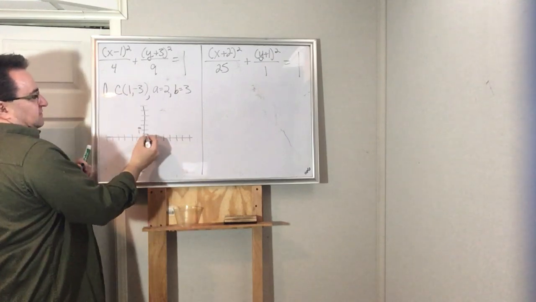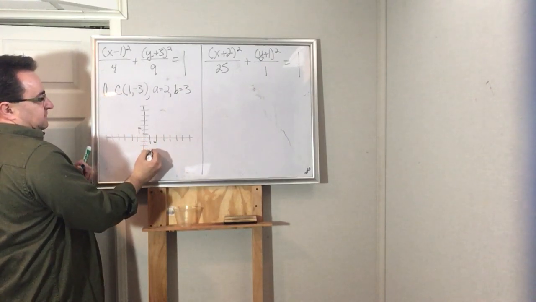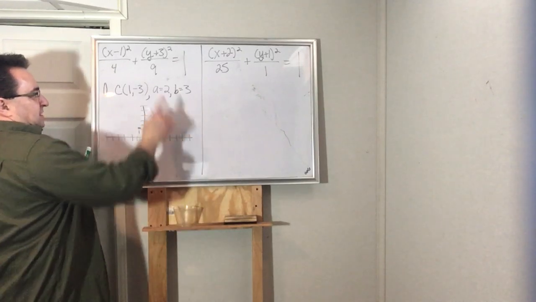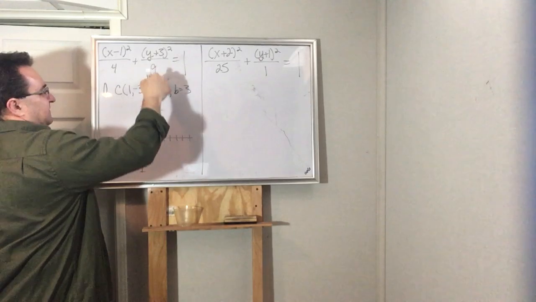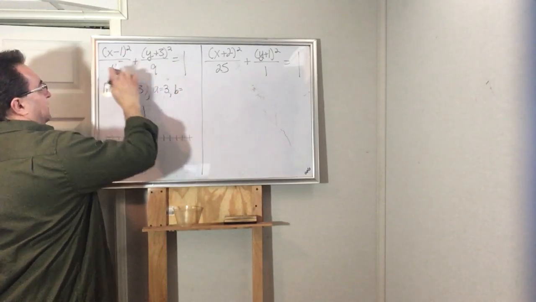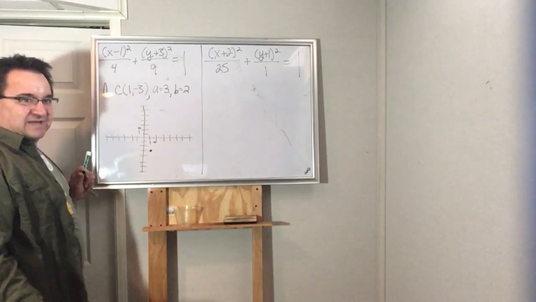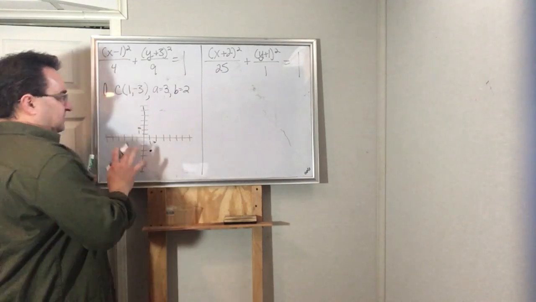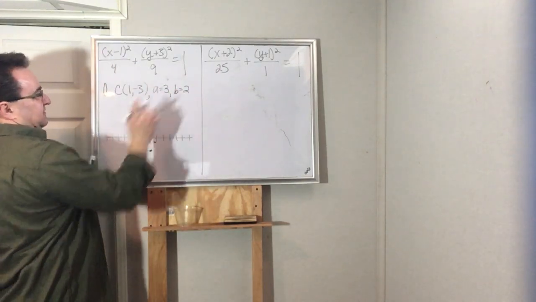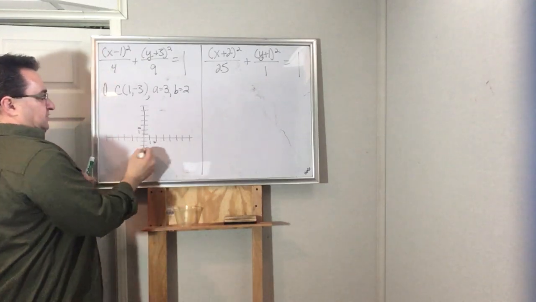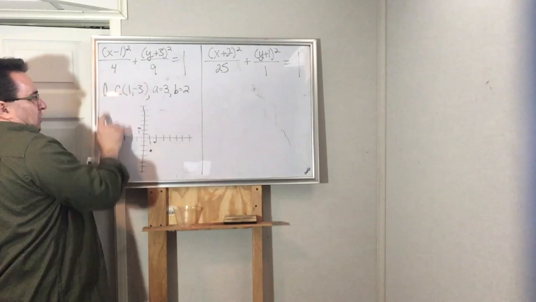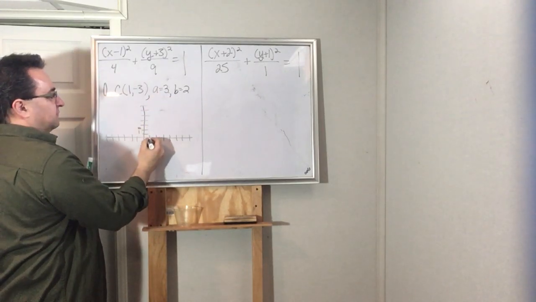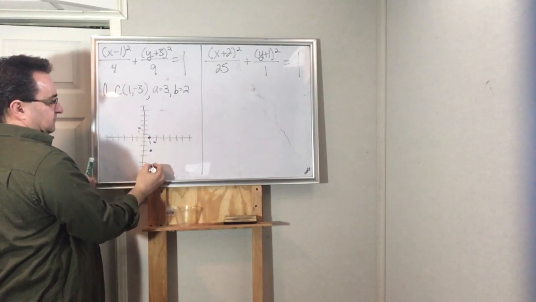All right, I have a center at (1, -3). Now, ooh, I got this backwards. A is the bigger number, and B is the smaller number. It's got to be. My bad. So what does that mean? Here's my center. I know it's got to be like this, so I have to go more up and down. 1, 2, 3. 1, 2, 3.